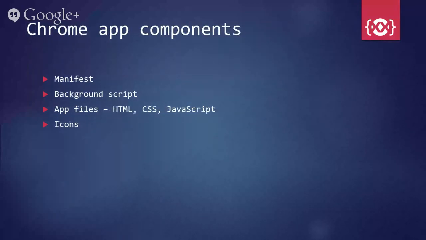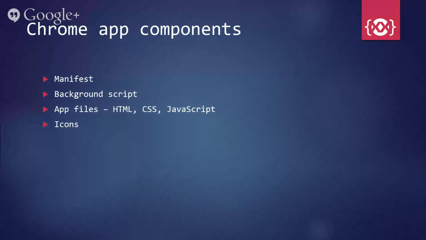There are four components of a normal Chrome packaged app. One of which, the most important one, is a manifest. It's a little file. We'll get into it in a second. Just like a flight manifest, it contains a summary of everything that's happening. It also describes your application. Then you have a background script, which is your background thread process that is the umbrella for this app.